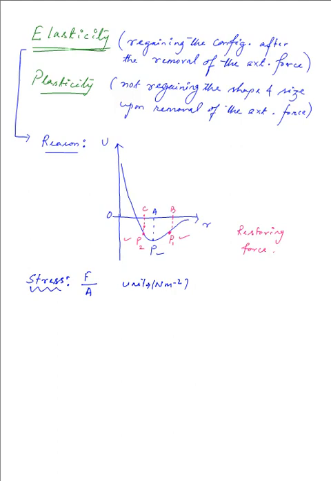Now we have various forms of the stress. Suppose we have a surface area and a force is being applied normally on that area. So this is known as the normal stress. Force acting normally.